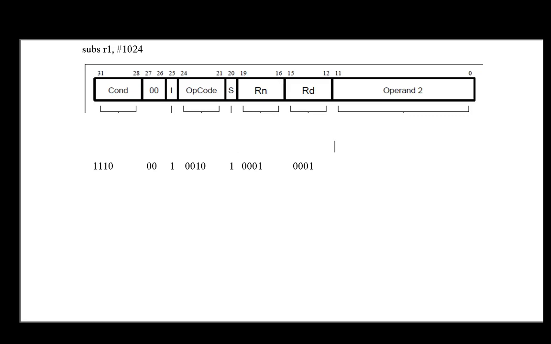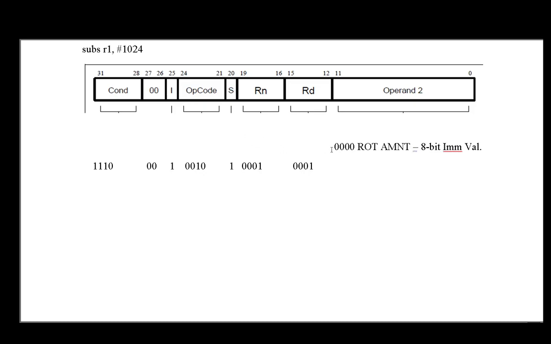I have 4 bits for the rotation amount, and I have an 8-bit immediate value. So the 12 bits are actually used to indicate a rotation amount and an 8-bit immediate value.